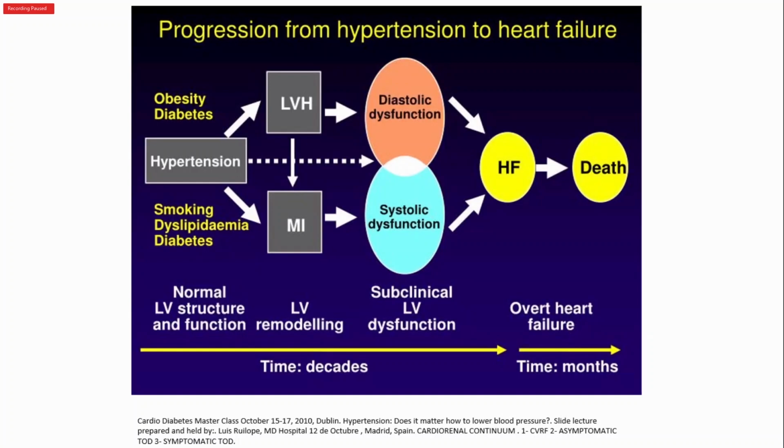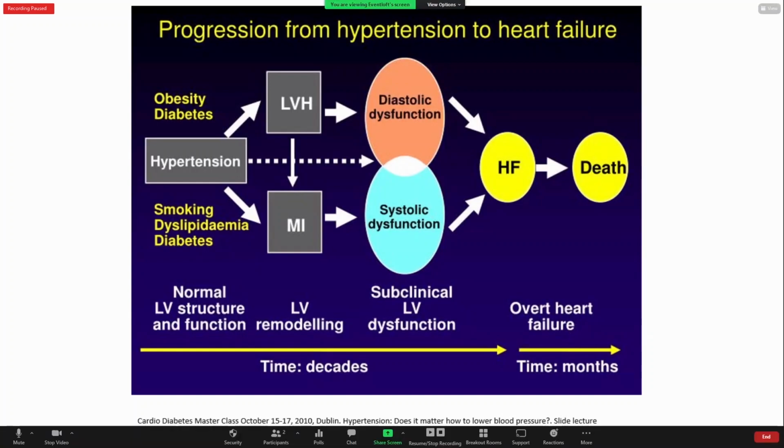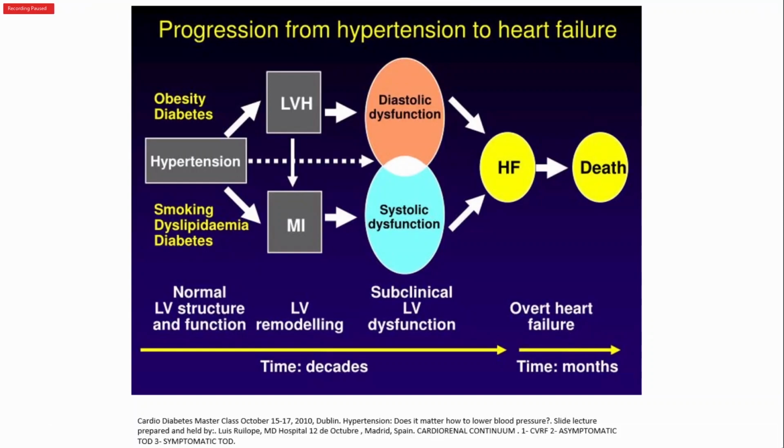And for those who smoke and have dyslipidemia, quite a number of them will also develop myocardial infarctions, which may be silent and unnoticed. Eventually, what happens is either a combination of diastolic and systolic dysfunction, which leads to heart failure and death. And this occurs over a few decades.